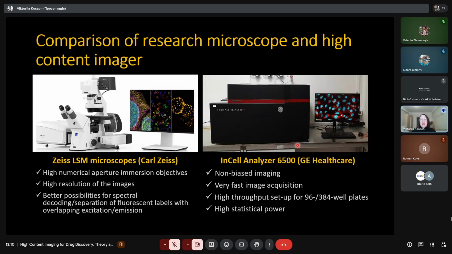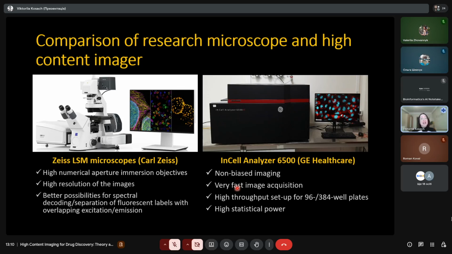Except this, the automated imagers were developed to be much faster than the research microscopes. For example, you could read the 384 well plate in 30 minutes or in 1 hour, depending on your setup.